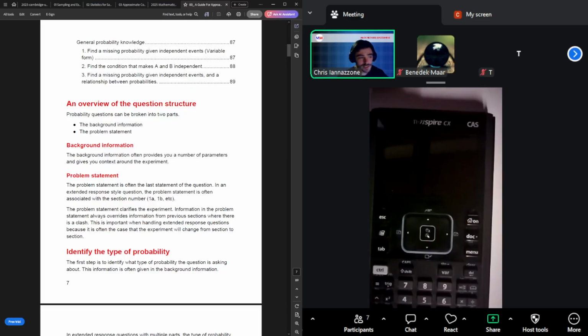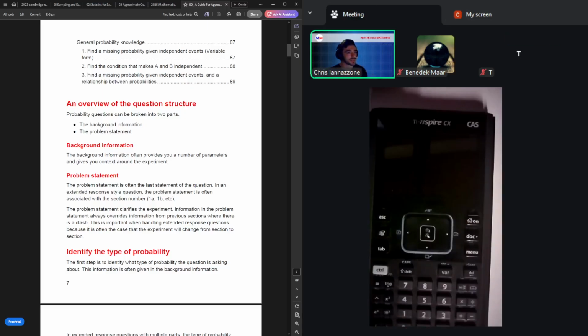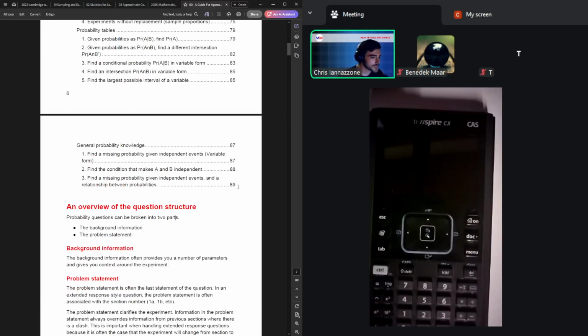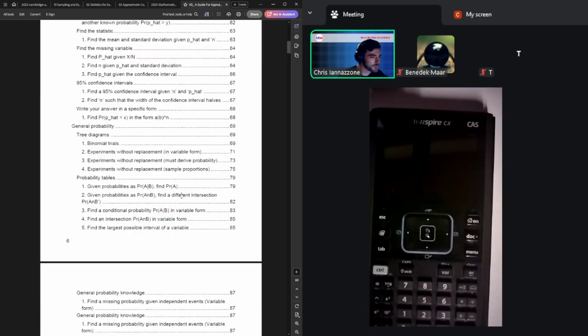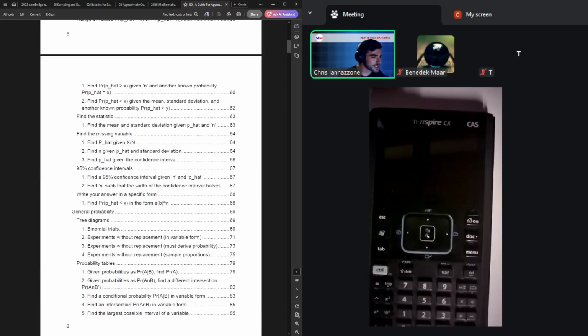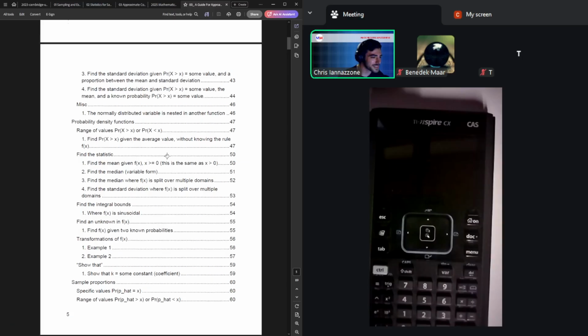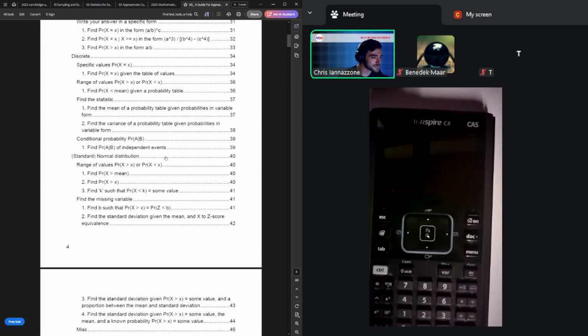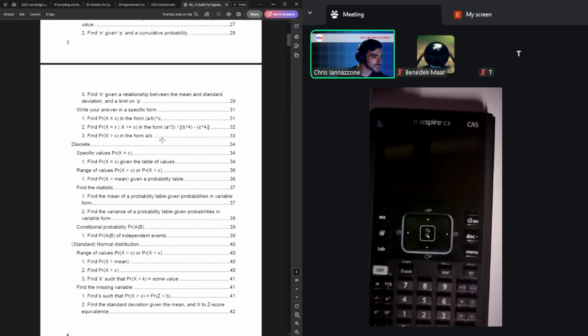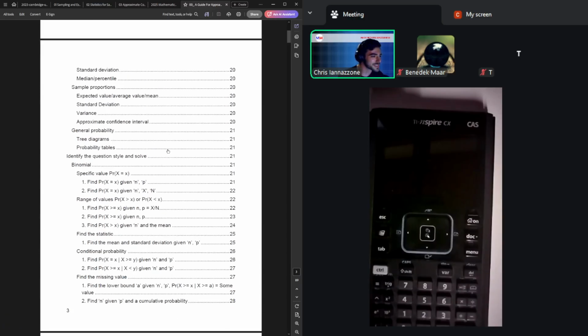Is this our bound reference? Yes, this is the probability bound reference. This is located in the probability section in our modules. I think it has its own dedicated folder called bound reference. And this is the very top of it. You can see it's quite an extensive document. You might not want to print the whole thing off because it's basically got every example I could find. And I tried to give them reasonable titles, but there's really only so much you can do to label these things.